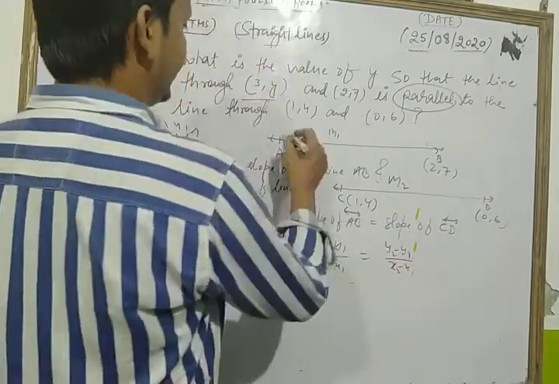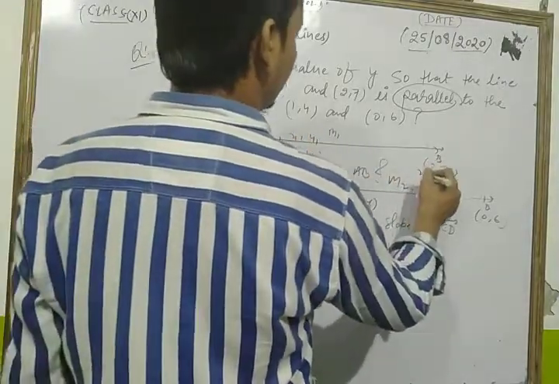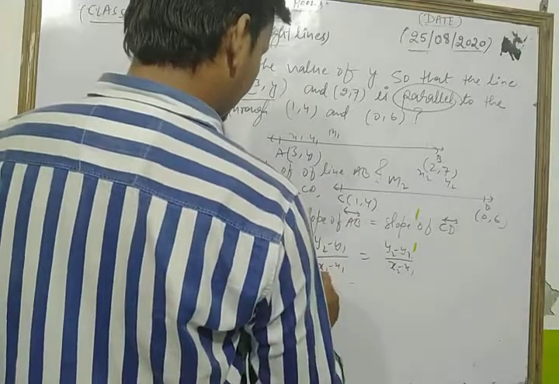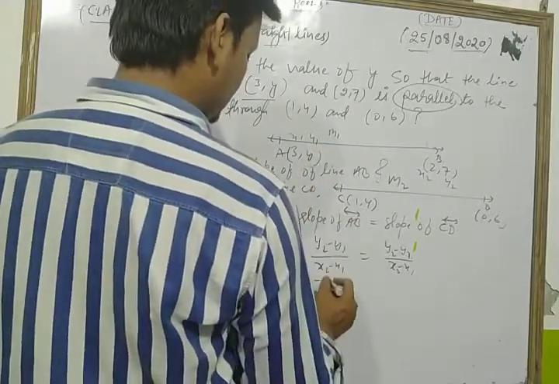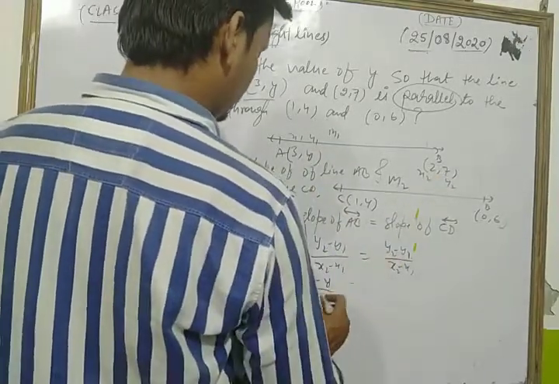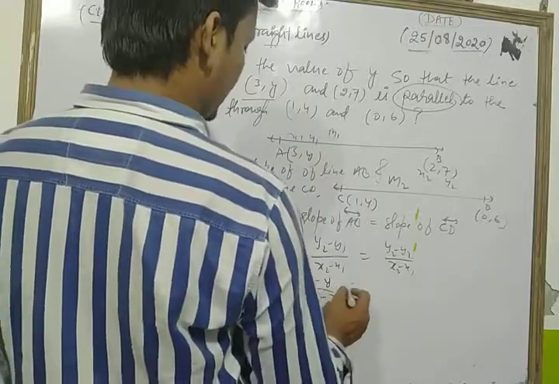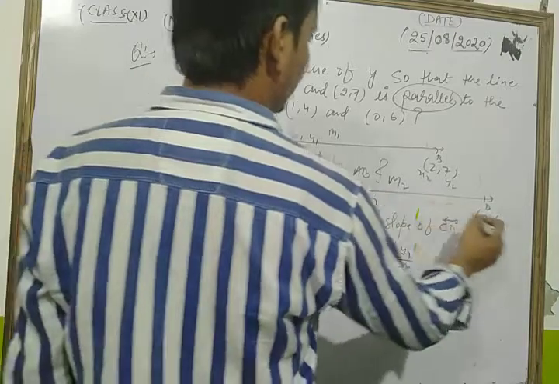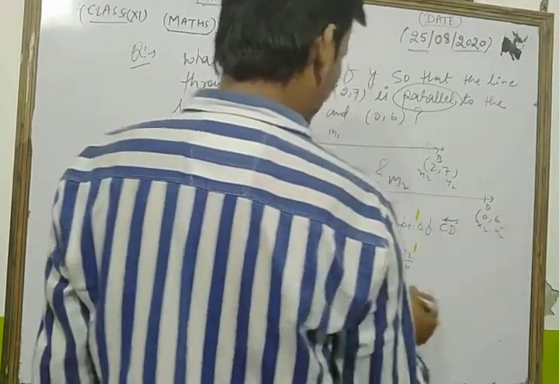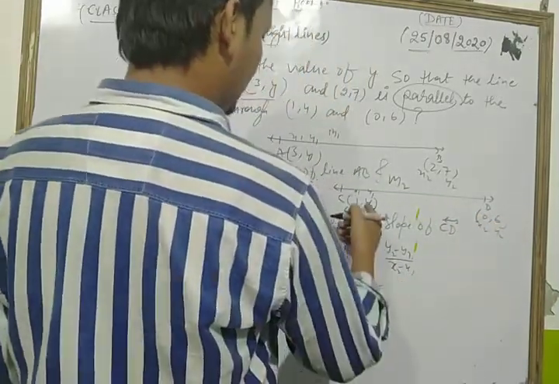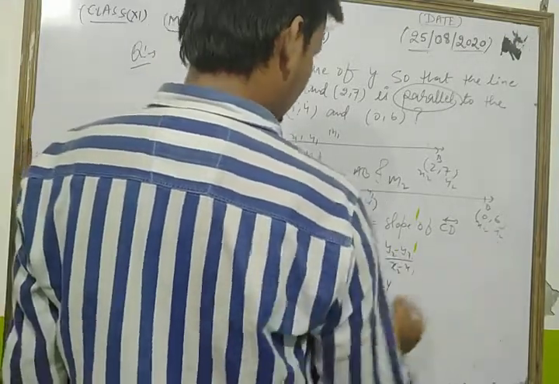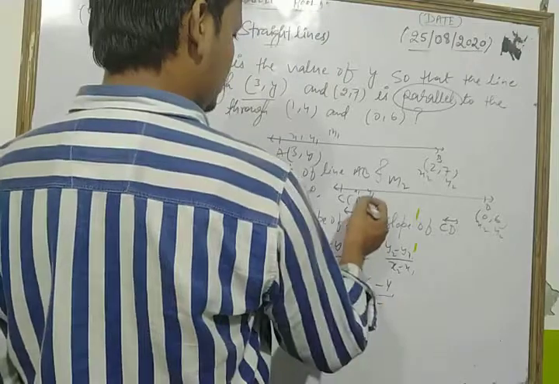Now we put in the values: for line AB, y2 is 7 minus y1 as y, upon x2 as 2 minus x1 as 3, and for line CD, 6 minus 4 upon 0 minus 1.